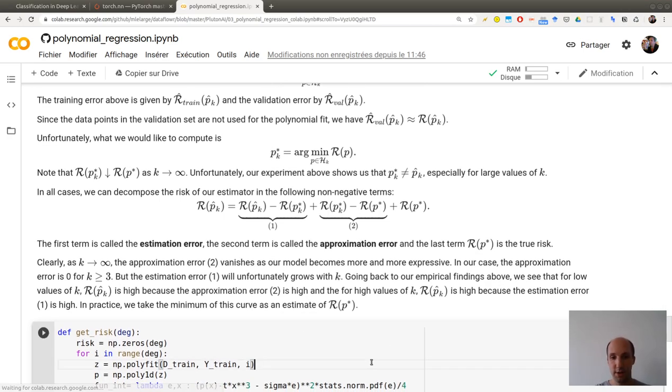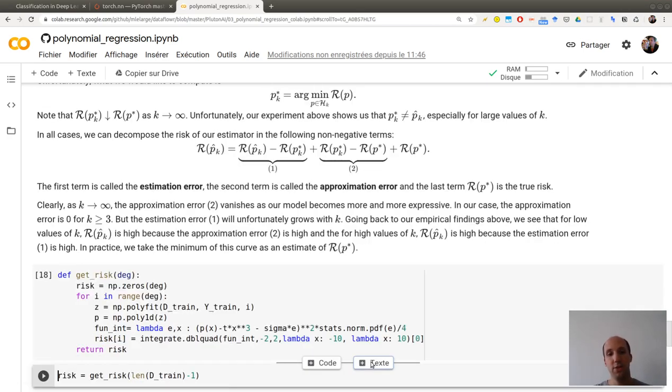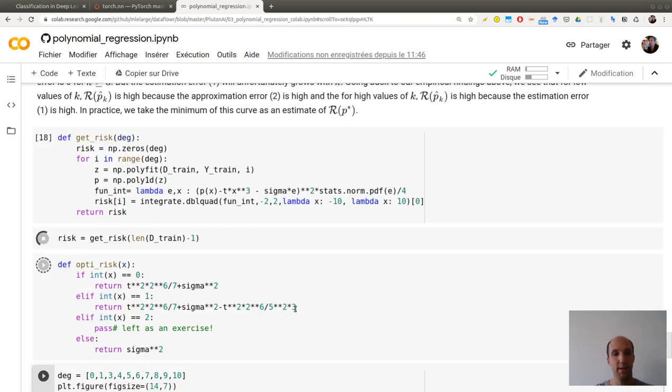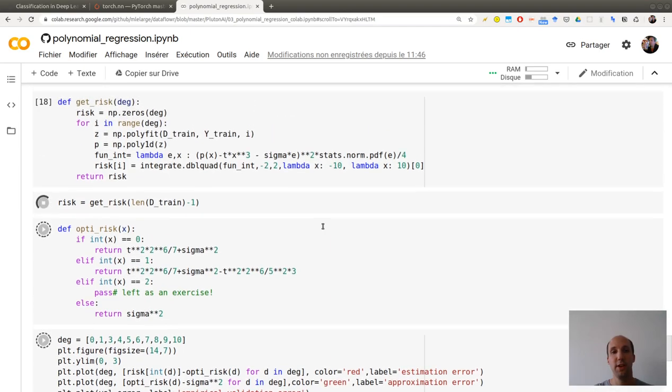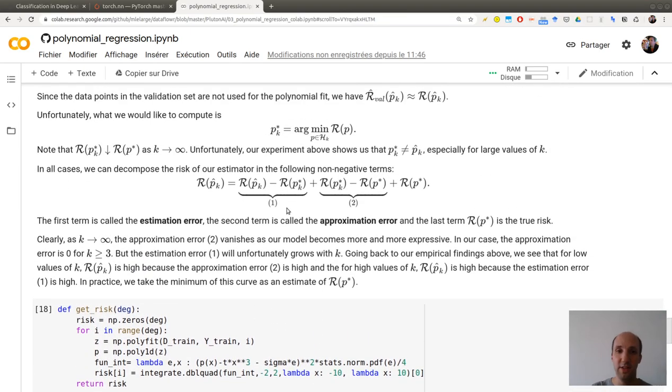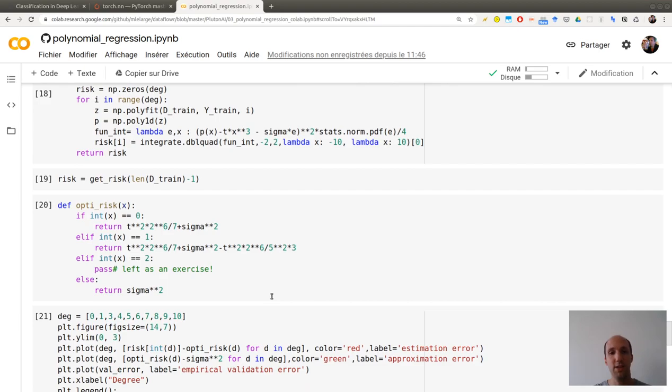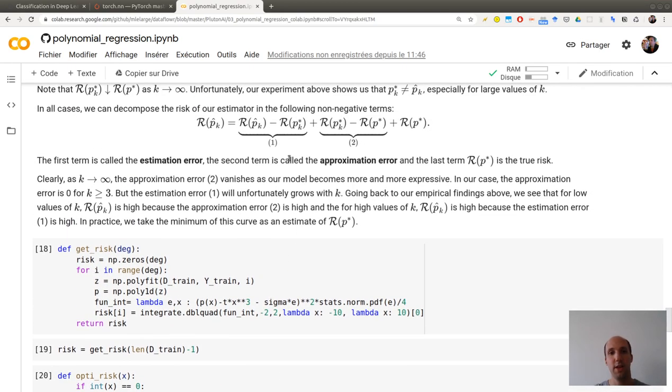So in our case, you can compute explicitly the risk. So this R of p*_k, p̂_k, and R of p*_k. Actually, I did the R of p̂_k here.